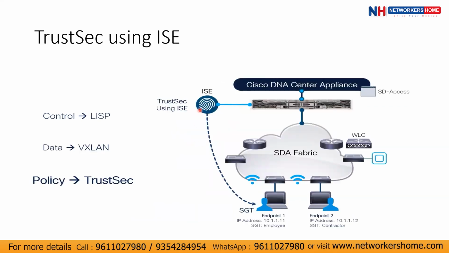Now for policy, ISE is the critical component, and without ISE, we can't use the Cisco TrustSec or any of the policy related features. ISE integration is really important with DNAC because based on that integration, it will push all the config to the specific switches and assign the particular endpoint to the specific identity container, which is your SGT.